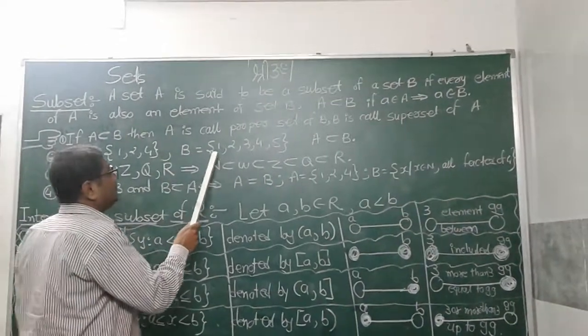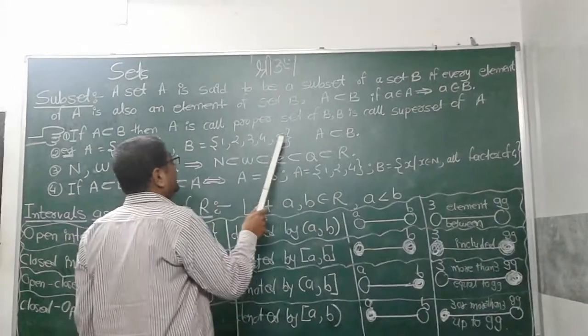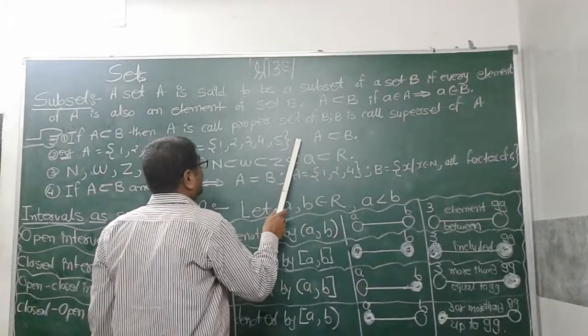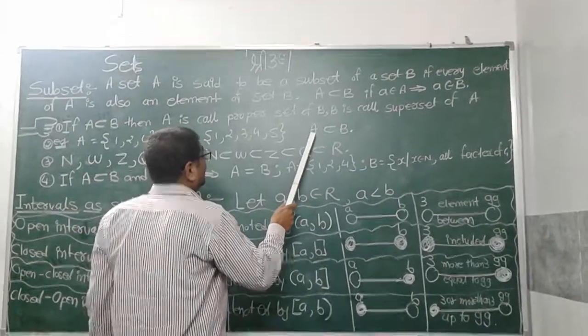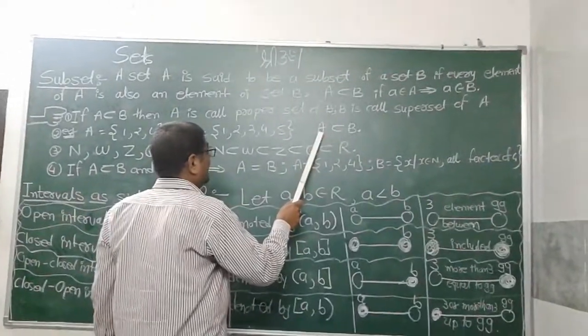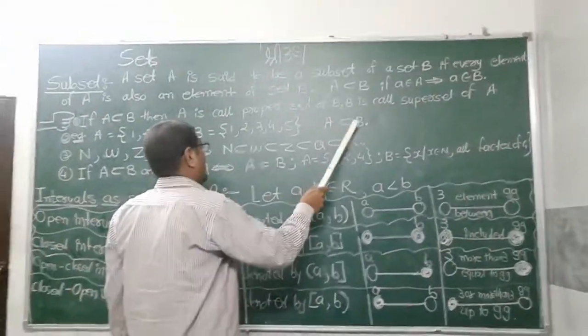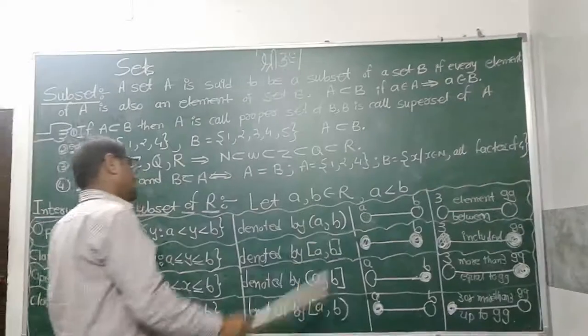B is equal to {1, 2, 3, 4, 5}, so the number of elements of set B is 5. That is known as A subset of B. In this condition, the number of elements of set A is always less than or equal to that of set B.